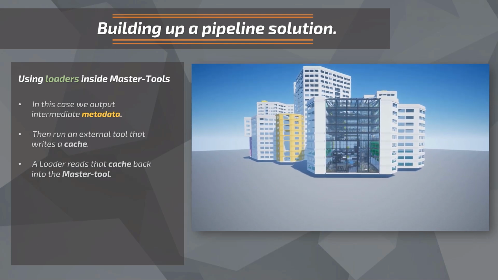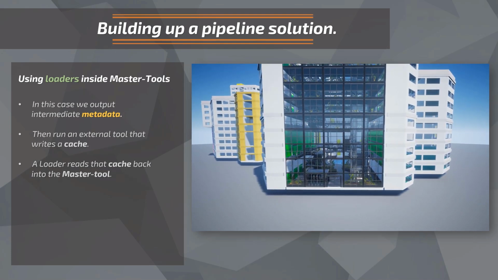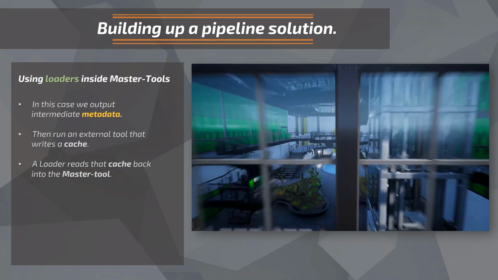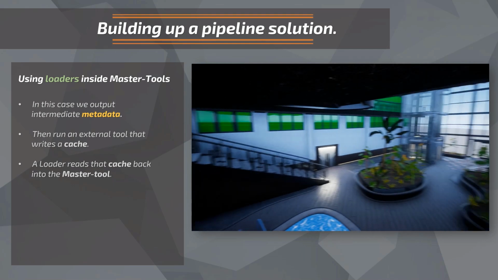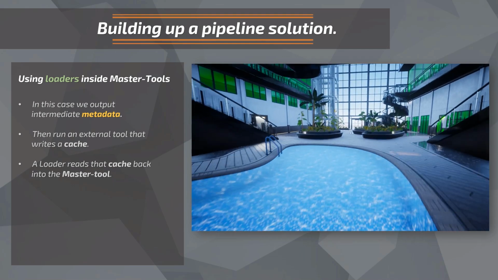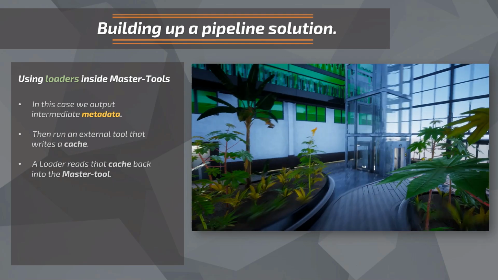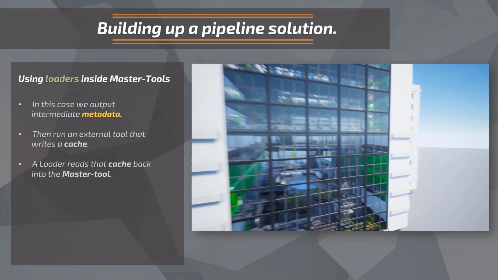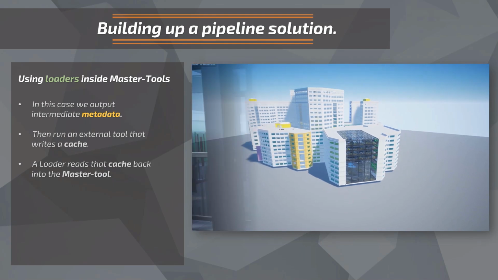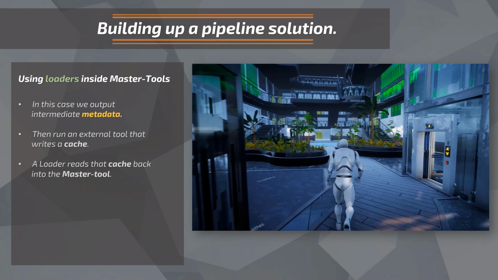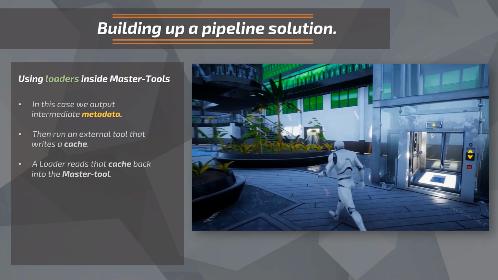So the next type of tool would be if we create loaders. And loading, or side loading, would be when you take information from a tool and split it out, such as in this case over here on the right, I have this bigger building and I have this shape for an atrium. And I export this shape out to an external file and then load that into a separate tool.